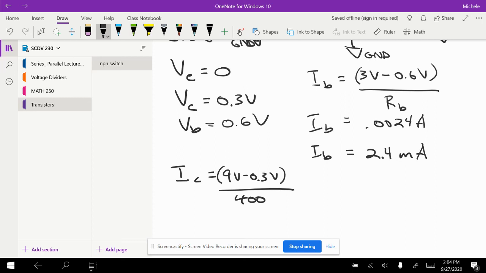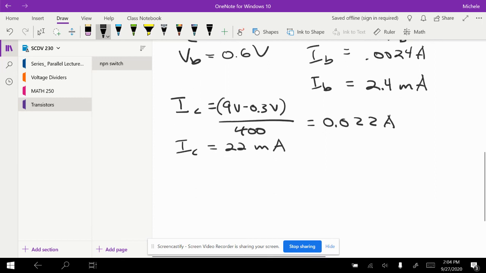And I get 0.022 amps. And so IC is equal to 22 milliamps.